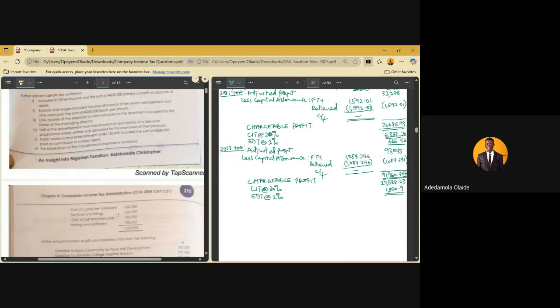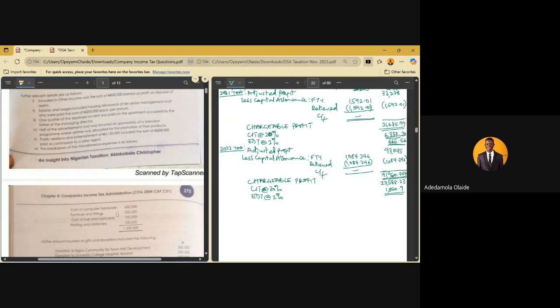Half of the advertisement cost was incurred on sponsorship of a television program where airtime was allocated for the promotion of their products. Public relations and entertainment of 3,150,000 included the sum of 308,000 paid as commission to a sales agent.